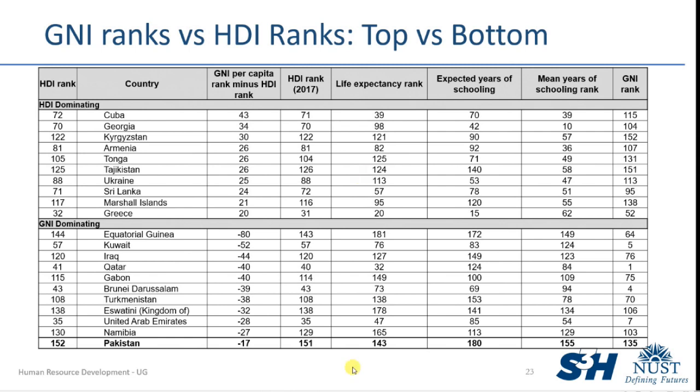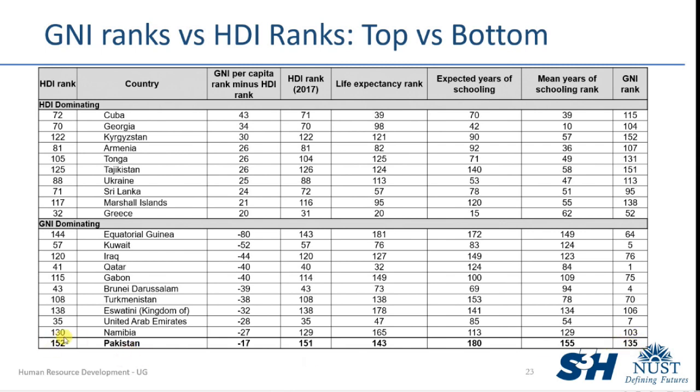And at the bottom we have Pakistan. Pakistan does not belong to these categories, but since we are sitting in Pakistan, it makes sense to look at where Pakistan is. If we rank Pakistan in terms of GNI, it would rank better, at 135th number in the world.